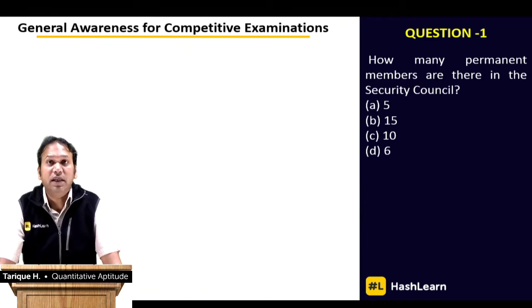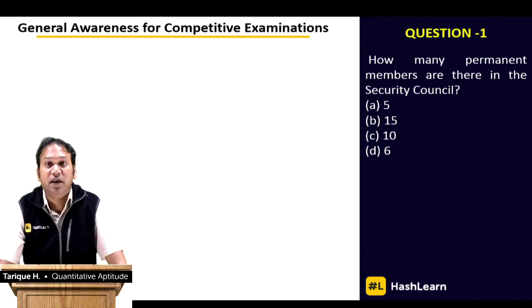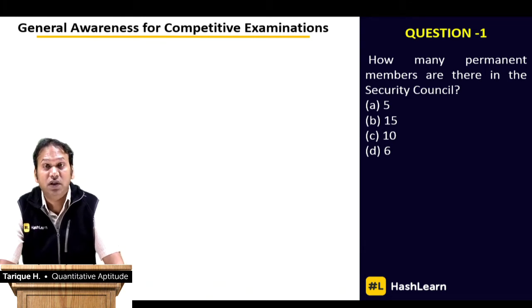The General Assembly is a body which consists of all the member states of the United Nations, and whenever there is any resolution in the General Assembly, all the members have equal voting capacity. There's one vote for each country, irrespective of how big the country is or how small, how powerful or how weak. It does not matter based on the population of the country.